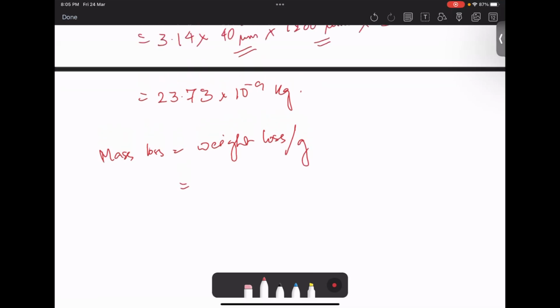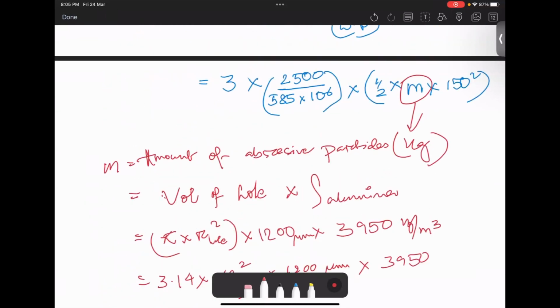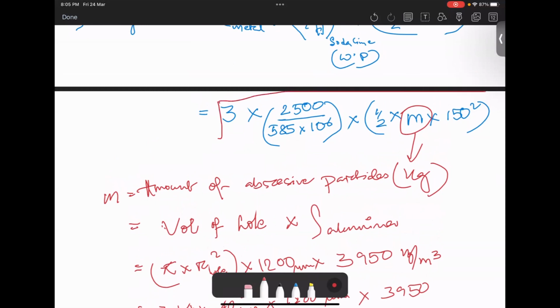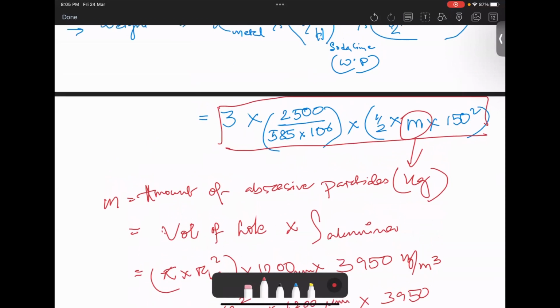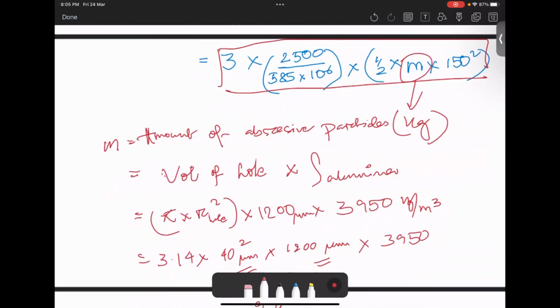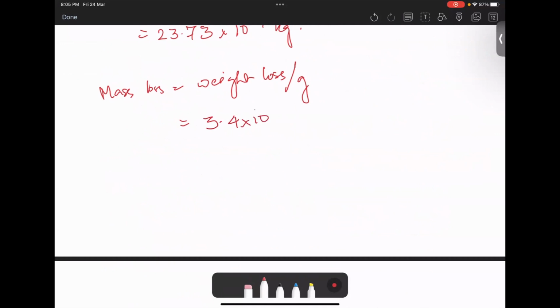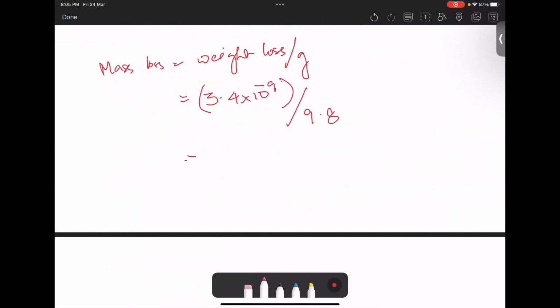So you plug in the value of the total mass of the abrasive particles in this equation, and you find that the weight loss becomes 3.4 into 10 to the power minus 9. Then gravity, let's assume it to be 9.8. So the mass loss becomes almost equal to 0.34 into 10 to the power minus 9 kgs.